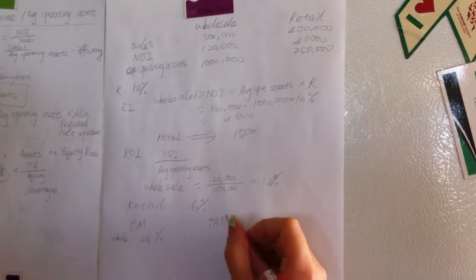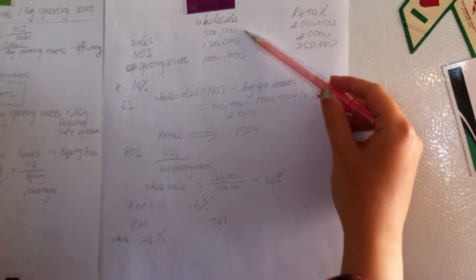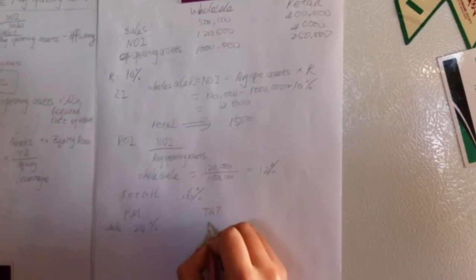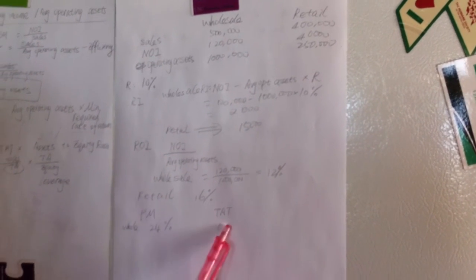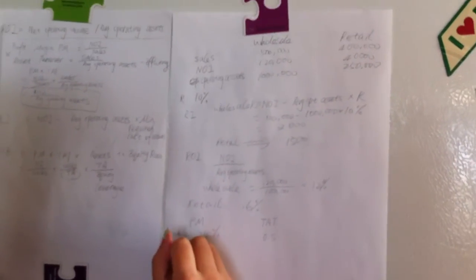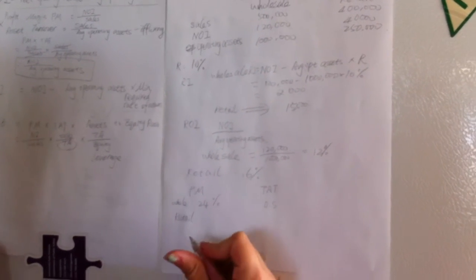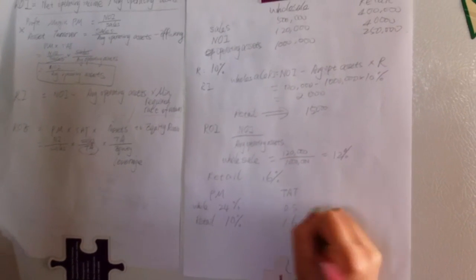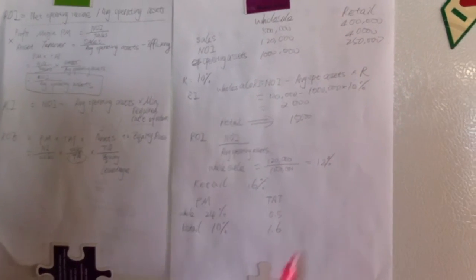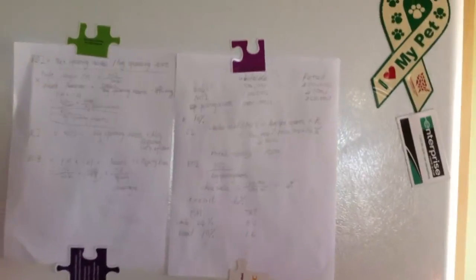And the asset turnover equals sales divided by operating assets. That gives you 0.5. Usually total asset turnover is a number instead of a percentage. And for retail, similarly, it gives you 10% profit margin and 1.6 total asset turnover. So you can see what is really different and what is the reason.